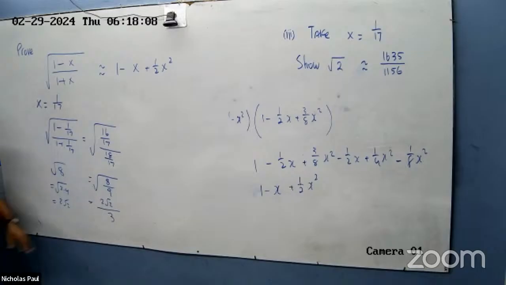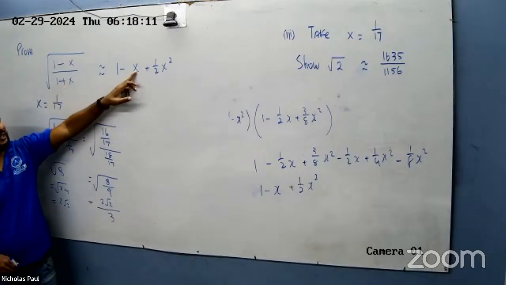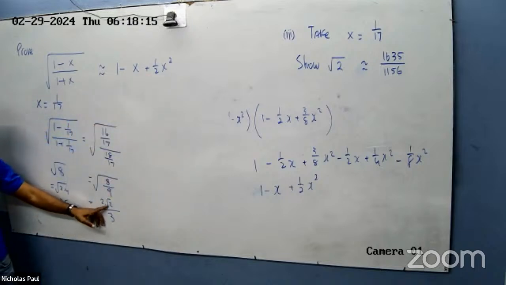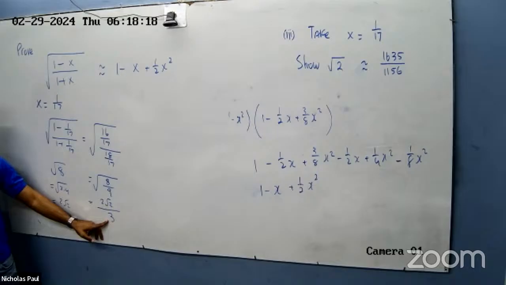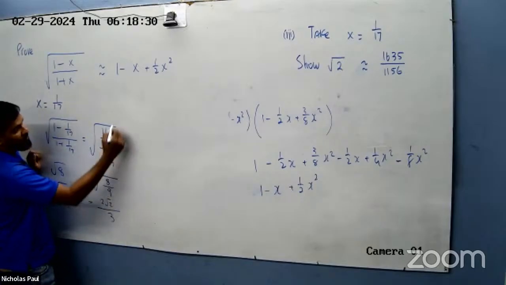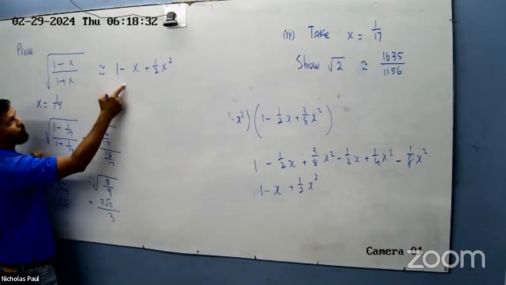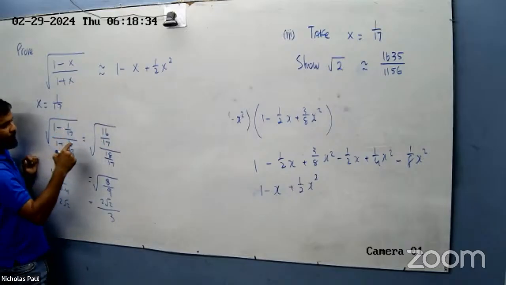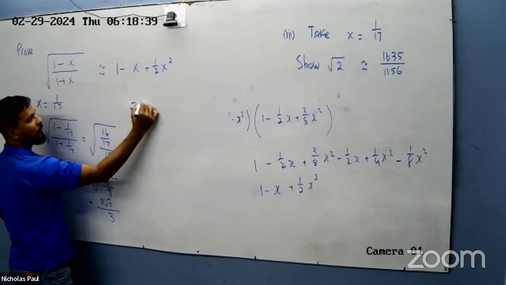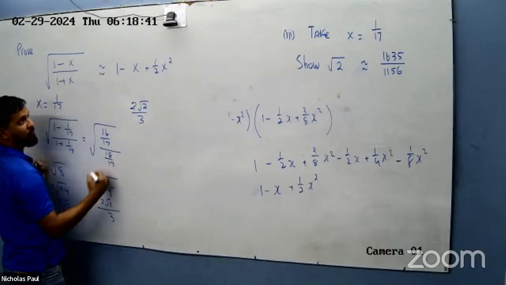So if I put x as 1 on 17 in there, the answer is 2 root 2 on 3. All you have to do after that is this. We know that when you put 1 on 17 there, you are getting 2 root 2 all over 3, correct?